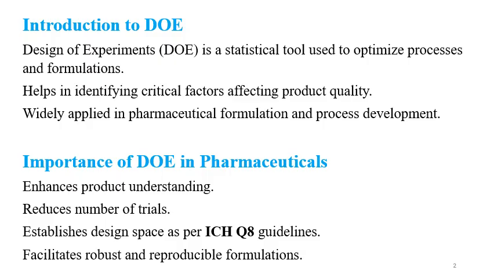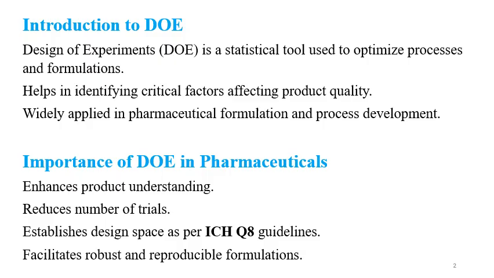Now see the importance of design of experiments. DOE enhances product understanding. It can reduce the number of trials. We perform experiments or trials to understand the impact of some variables on the responses, or to derive the final composition, or to derive the final process.